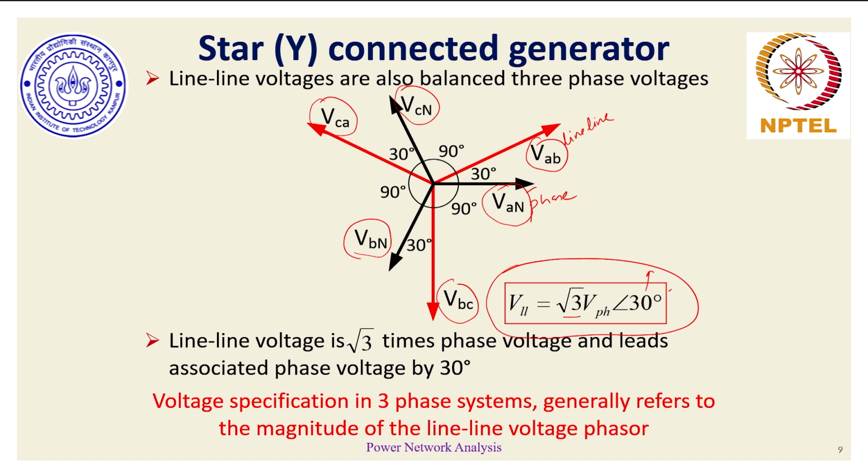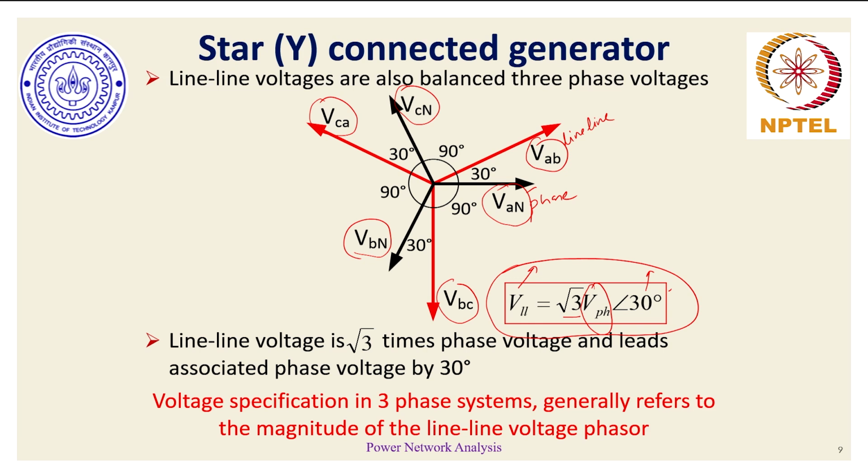Now, a couple of slides back, we talked about how in synchronous generators the stator windings are mostly connected in star. The reason is now evident. If I connect my stator windings in star, then the individual phase voltages which appear are 1 by √3 times the voltage appearing on the terminal.